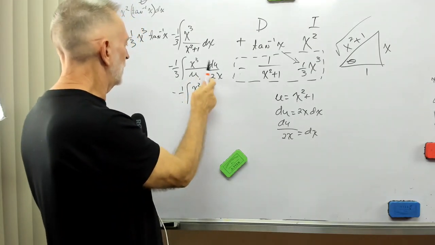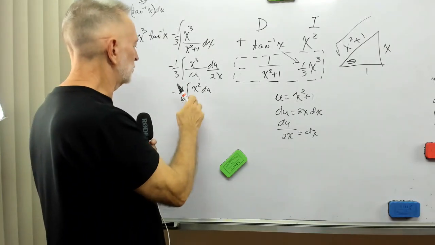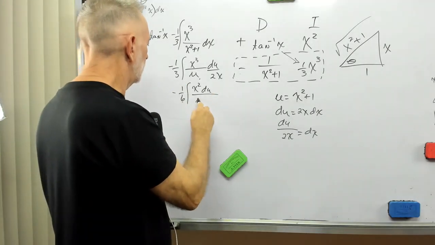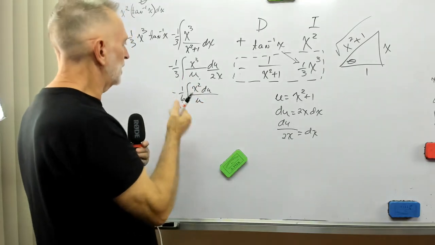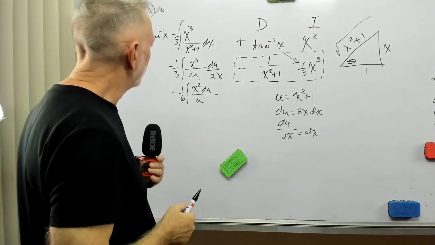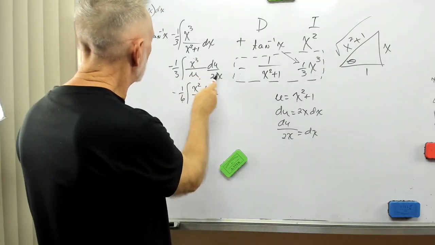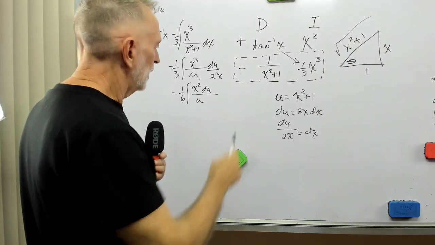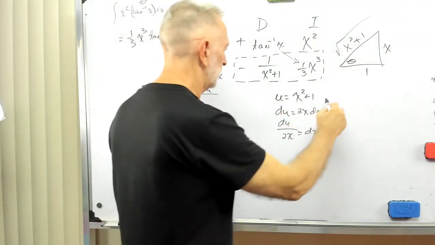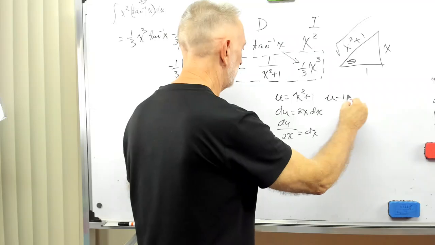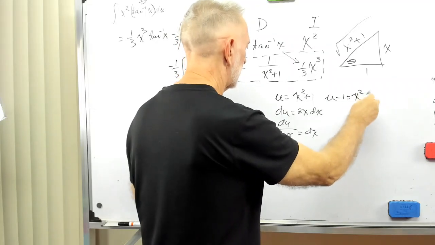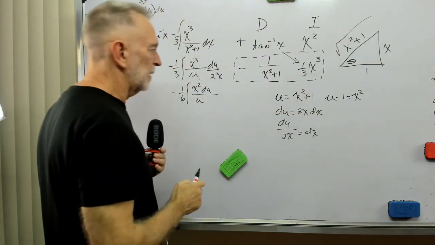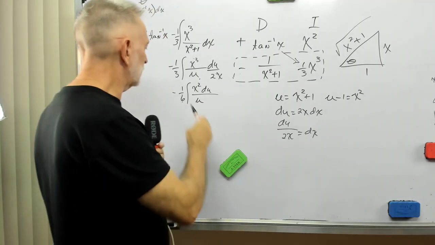So I have minus 1/3 the integral of x squared du. Actually, that 1/2 times 1/3 gives me 1/6 over u. Du over u times x squared. Because one of those canceled with that. X squared, what do we do with that one? Well, if I subtract 1 from both sides, u minus 1 equals x squared.